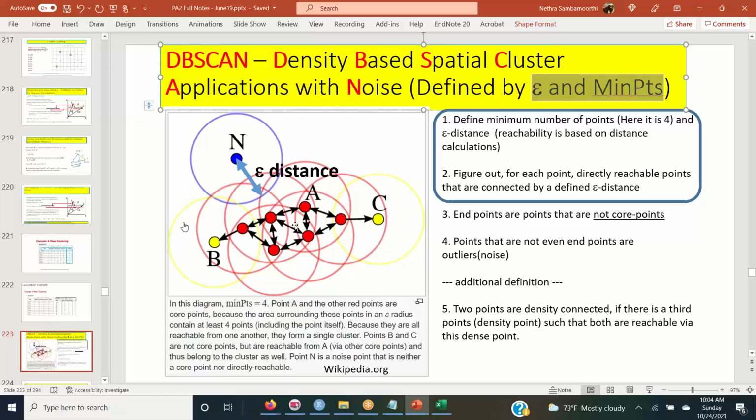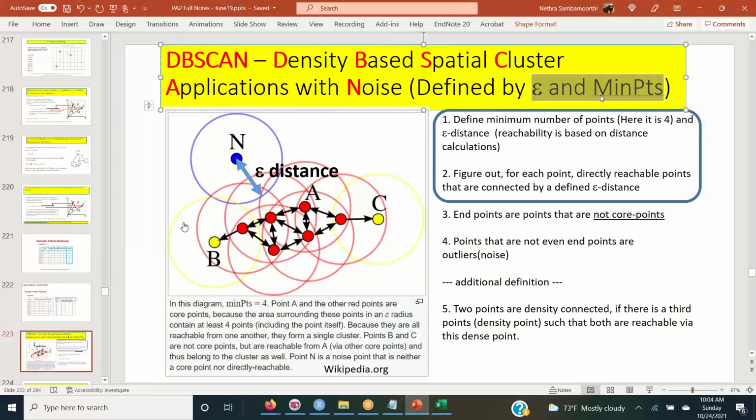Okay. And in DBScan, there are two things that define the clusters: the epsilon and the minimum points. Epsilon defines the circle or the sphere. Okay, you can define any epsilon, that's fine. But once you keep that fixed, you also demand that as I go around, the circle should cover a minimum number of points, in this case 4 points.